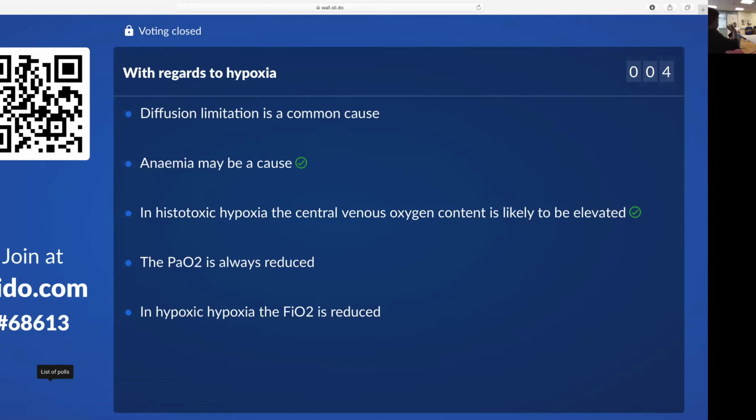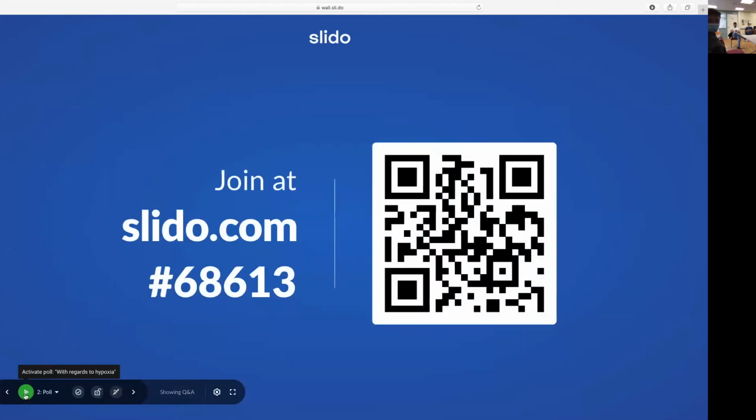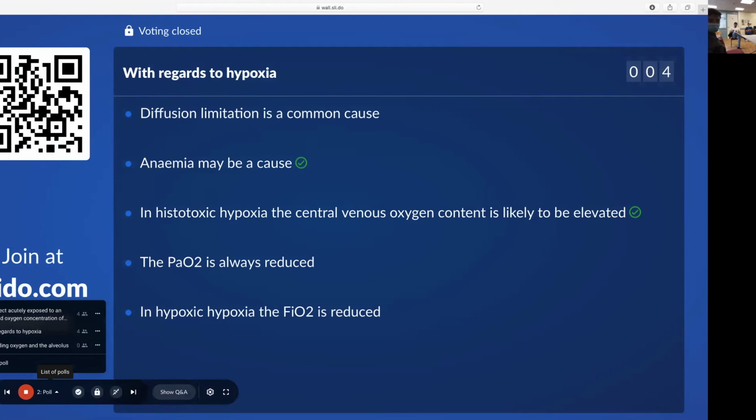Altitude is the classic example. Your inspired oxygen fraction at altitude is still 21%, but 21% of 50 kilopascals, not 100. So your inspired oxygen tension is halved. Okay. Not that I was trying to trap anyone.